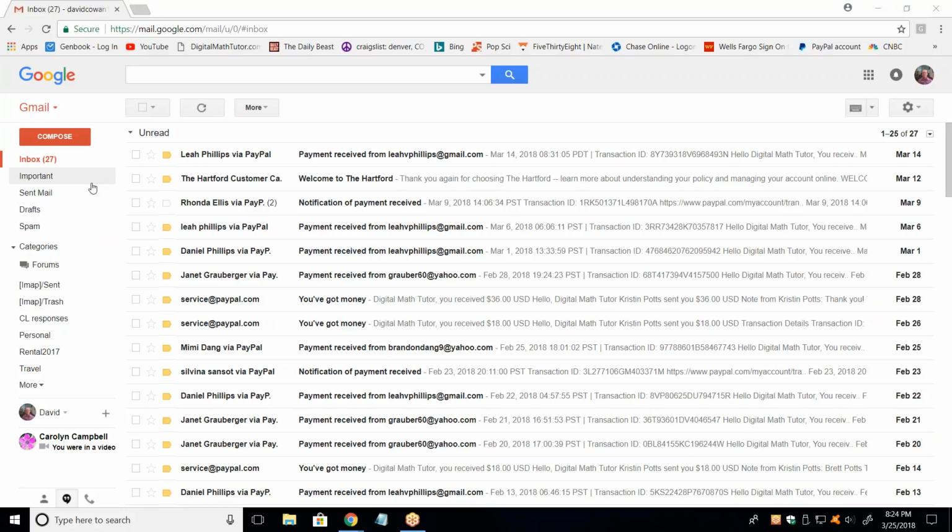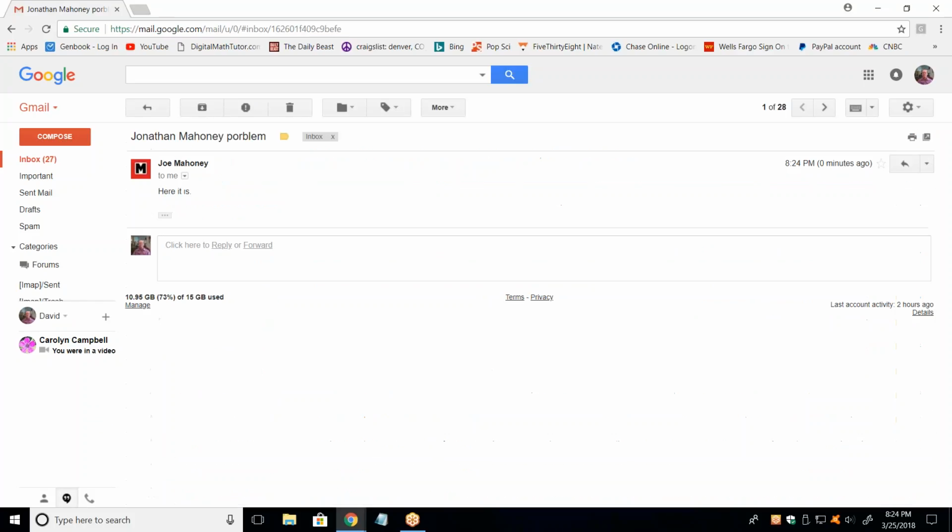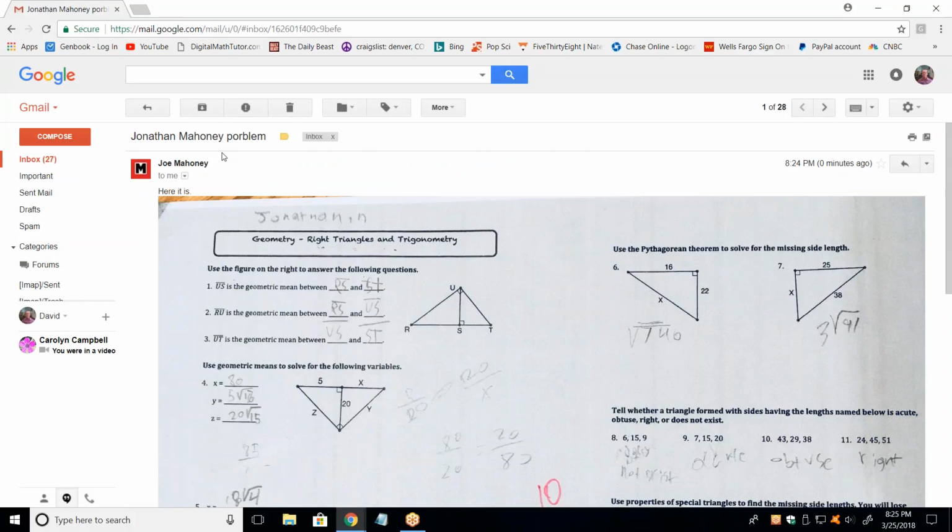It really isn't whether you sent it or not, it's whether your phone says file sent, because sometimes it can take a while to send that file. Ah, got it. There it is.